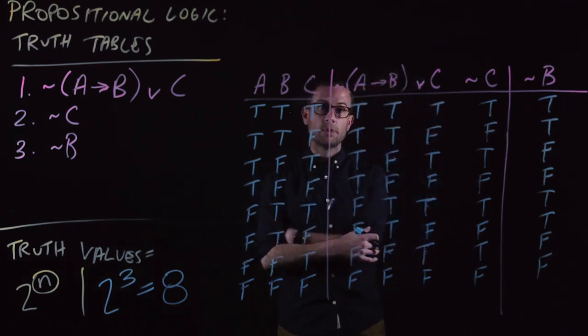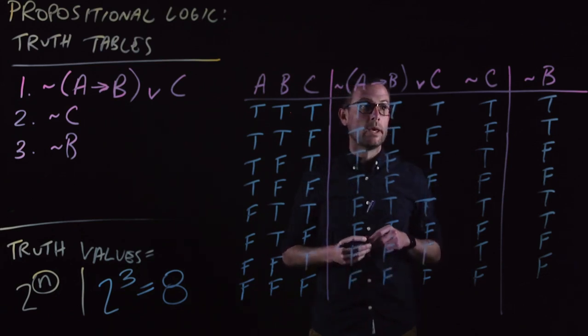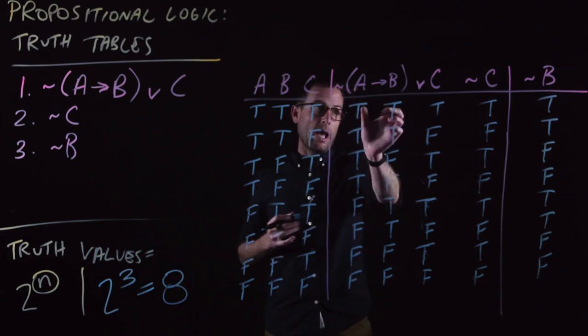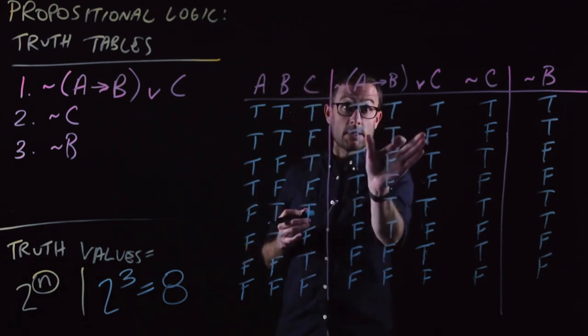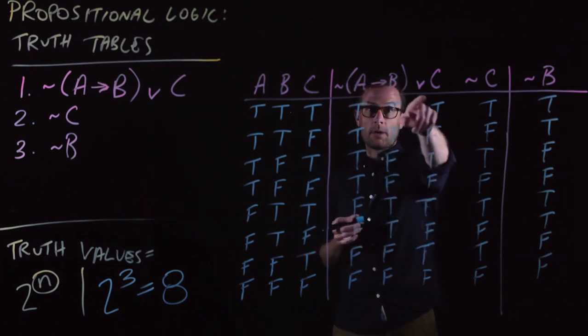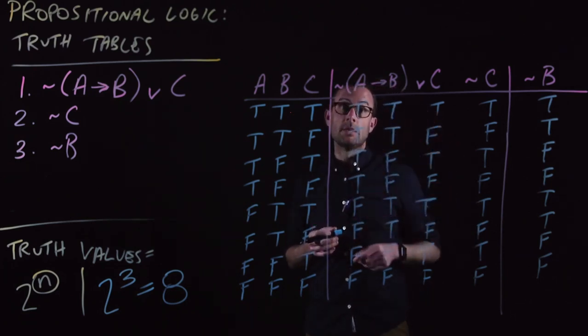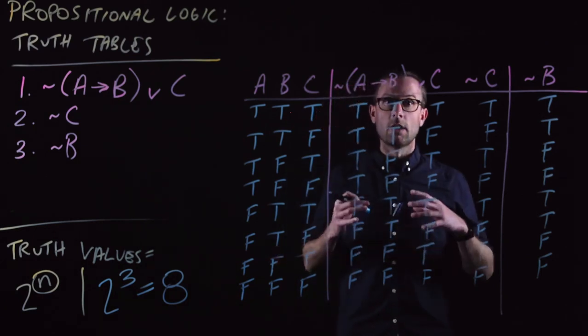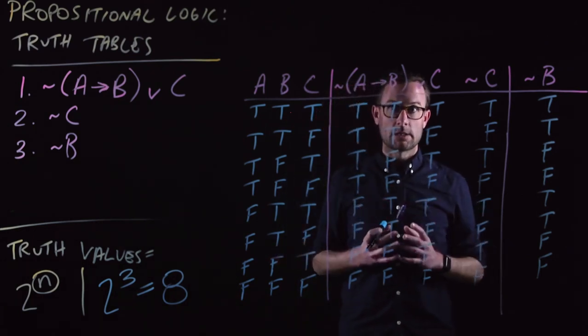Now, it's really important when completing the truth table, when we have premises like this with multiple operators, to figure out which symbol is the main operator, which symbol governs the logic of the entire sentence.